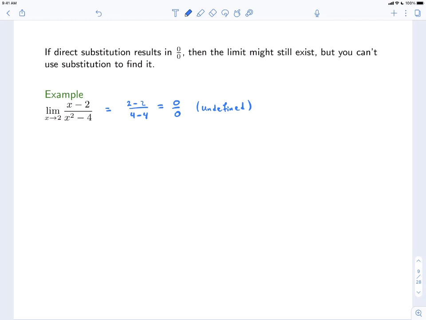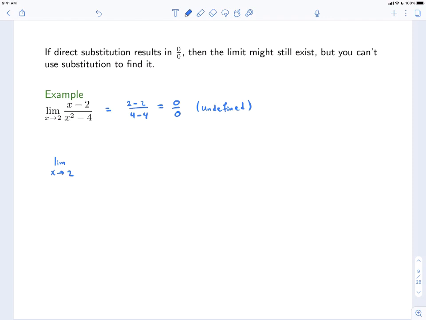So what do we do instead? Well, we've encountered things like this before. If you have a rational function that gives you a 0 over 0, that means you have a common factor. There's a factor in the numerator that's also in the denominator, which means you can reduce the fraction, and that's what you do here. So you factor the numerator and the denominator.